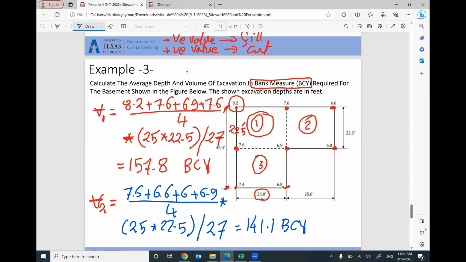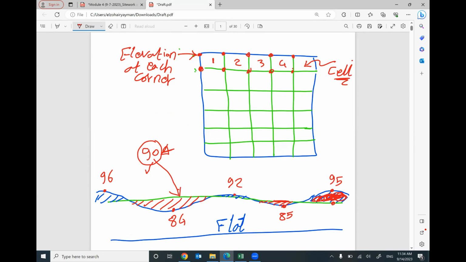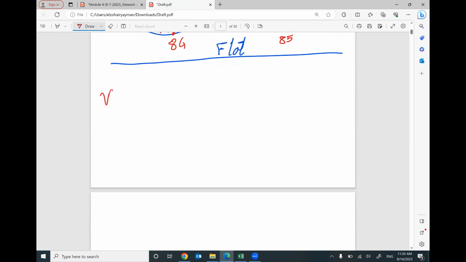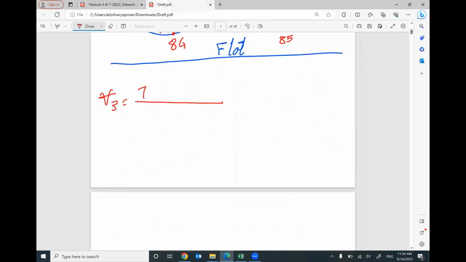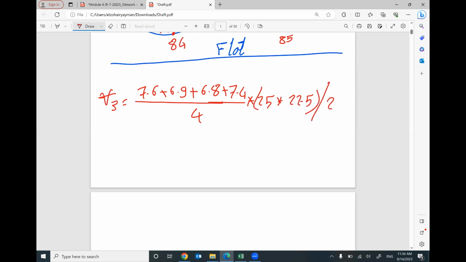Cell number 3: 7.6, 6.9. Volume number 3 equals the average: 7.6 plus 6.9 plus 6.8 plus 7.4, divided by 4, times 25 times 22.5, which is the area, divided by 27.